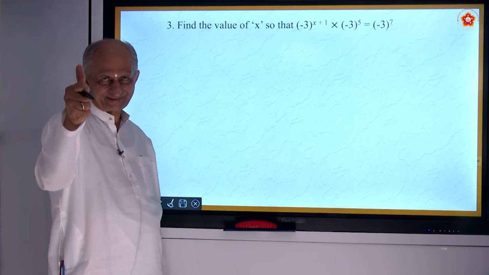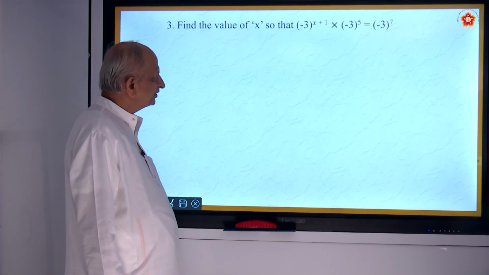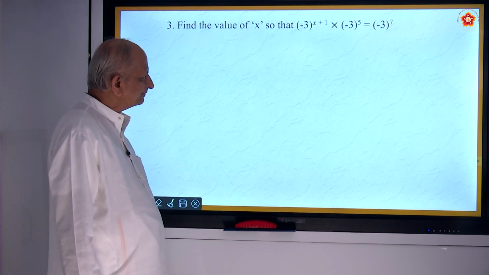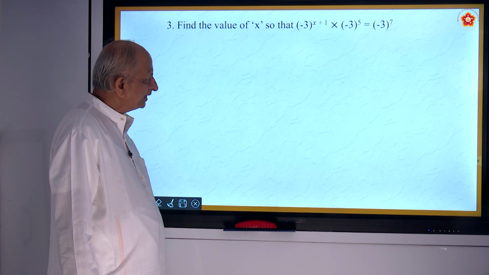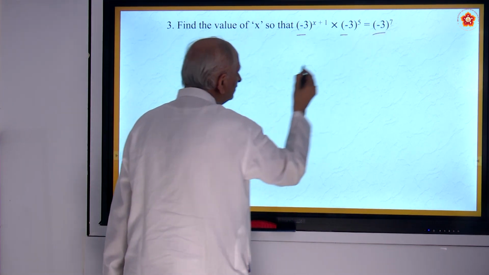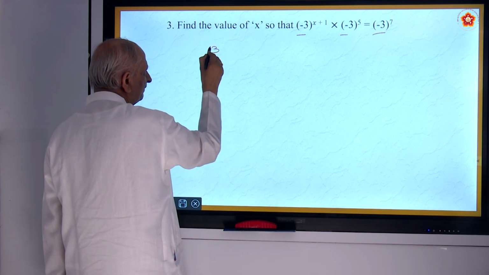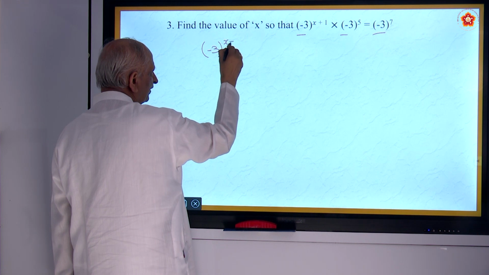Find the value of x such that minus 3 to the power of x plus 1 into minus 3 to the power of 5 is equal to minus 3 to the power of 7. Here the base is the same. So if the base is the same, the powers should also be the same.